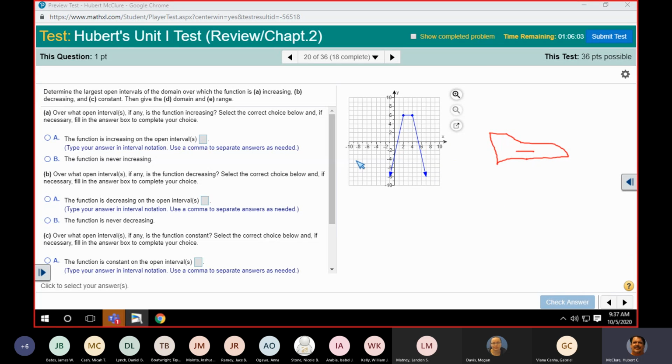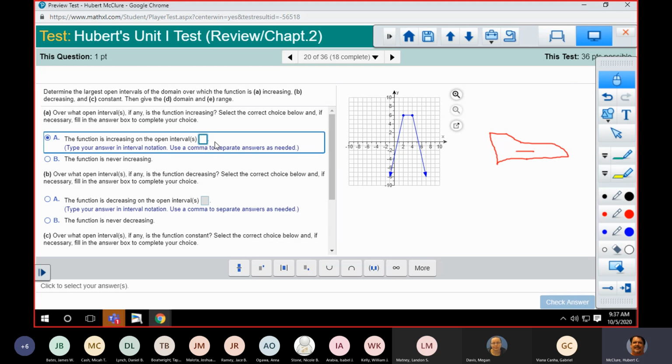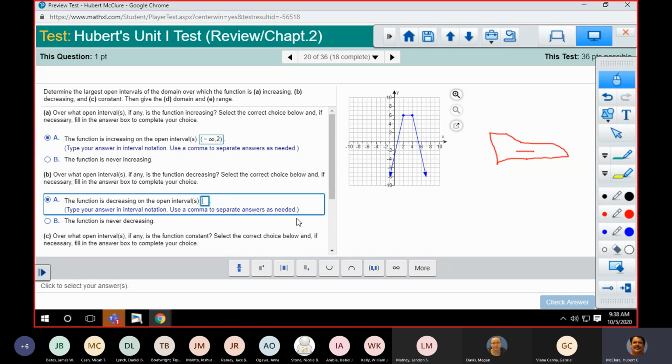So it's increasing from negative infinity to 2. Now remember, on increasing and decreasing, there's a moment in time when you're neither going up or down. So when you're doing increasing and decreasing, it gets a parenthesis. Decreasing from 4 to infinity.